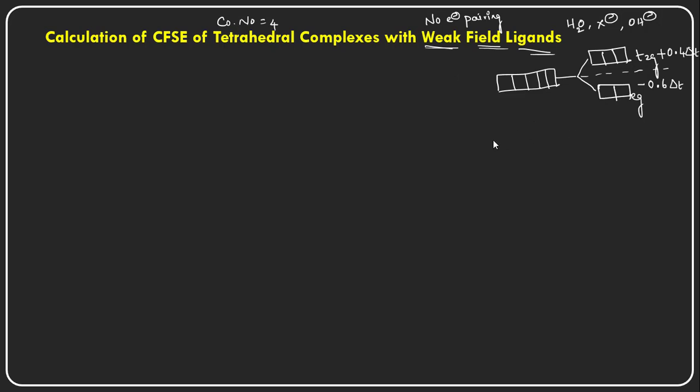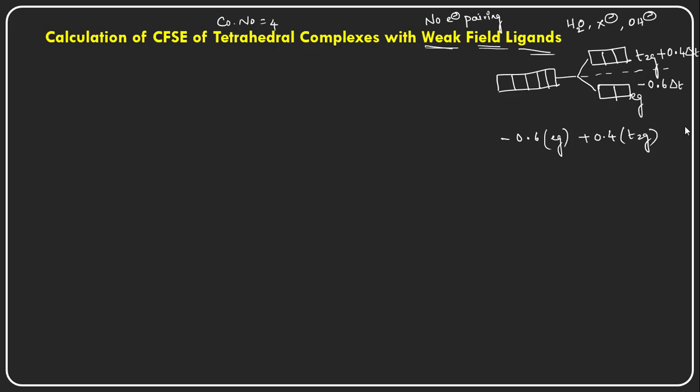And what is the formula here? Minus 0.6 into the number of electrons present in the Eg orbitals plus 0.4 into the number of electrons present in the T2g orbitals.